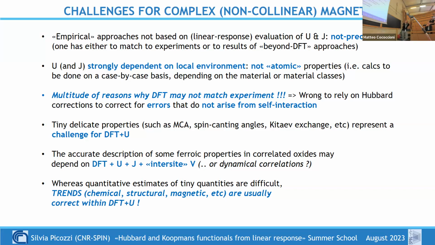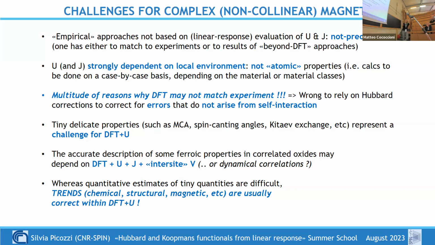Well, this has been said several times, the second point: it's not an atomic property, it strongly depends on the environment. So if I look at manganese metal, I have a certain U. If I look at manganese oxide, I have another. If I look at manganese iodide, I have another one. So the calculation needs to be done on a case-by-case basis. This also has been mentioned previously.